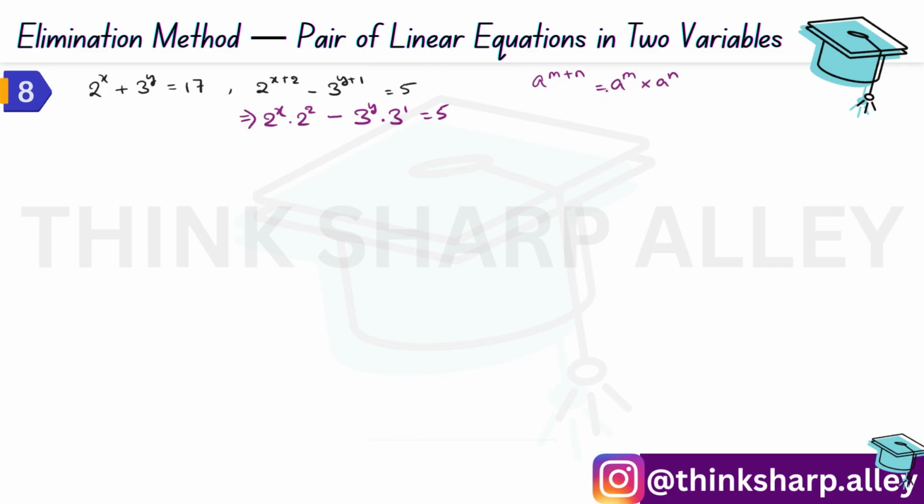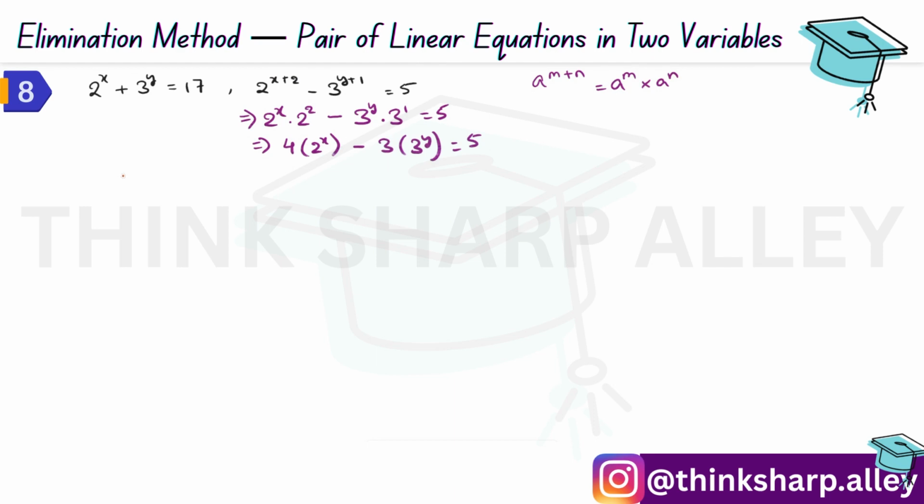Remember laws of exponents? a to the power m plus n is equal to a to the power m into a to the power n. So over here my base is 2. So 2 to the power x into 2 square. So we get 4 into 2 to the power x minus 3 into 3 to the power y equals to 5.